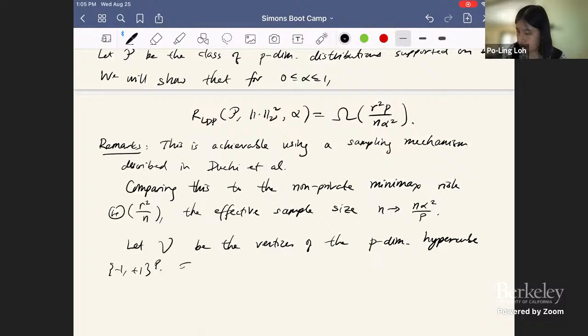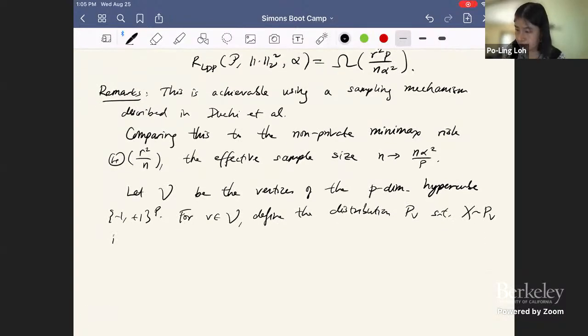And then for v in script V, define the distribution P_v such that x distributed as P_v is generated by drawing an index j in the set 1 through p uniformly at random.